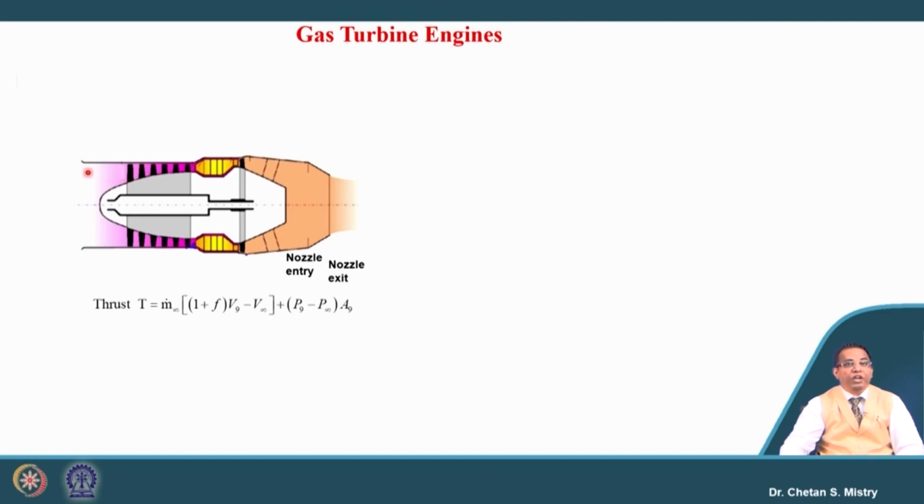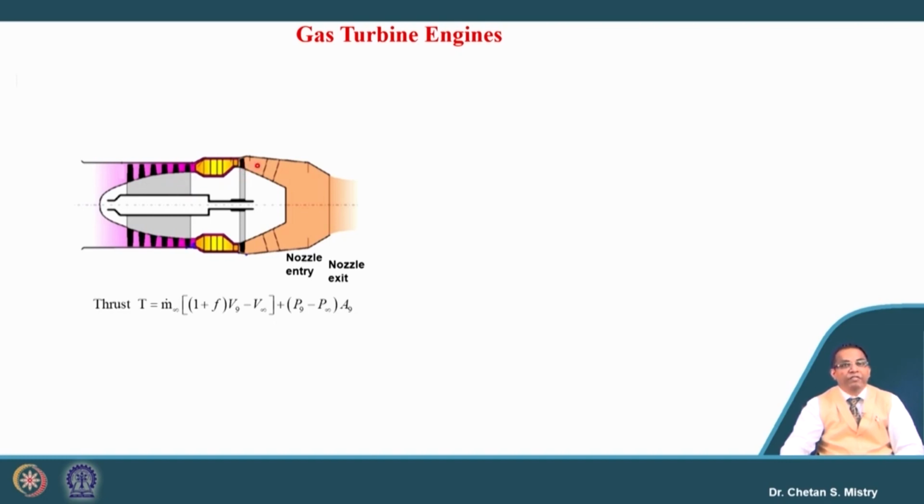We have the intake, and air gets into the compressor, where it is compressed. Then we have the combustion chamber, where fuel and air mix and get burned. That generates flue gas, which we use for the rotation of the turbine. Basically this turbine and compressor are on a common shaft, so by rotation of the turbine, the compressor rotates.